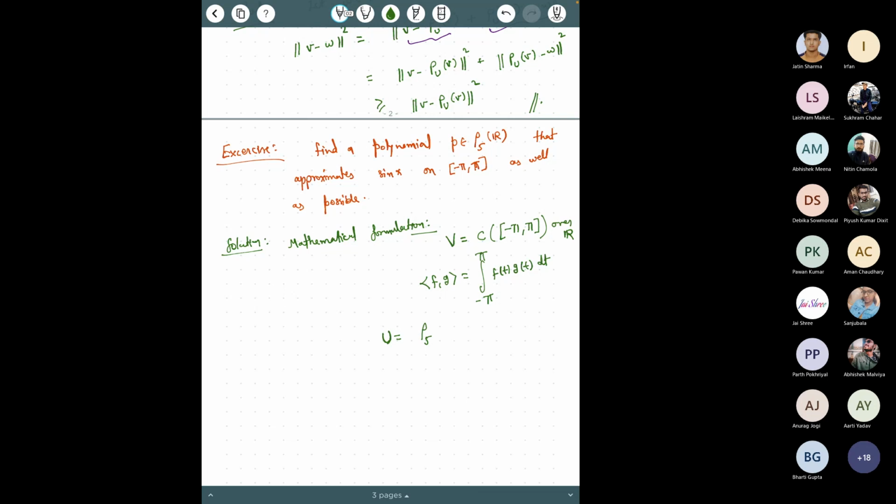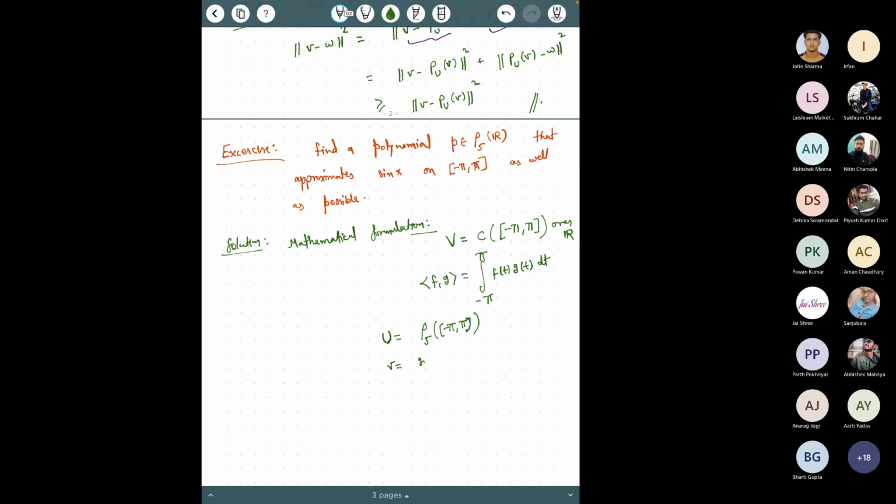So U is the space of polynomial functions on this interval, and you can consider it as a subspace of V. These are polynomial functions of degree less than or equal to 5. Now you can take your vector v as sin x.